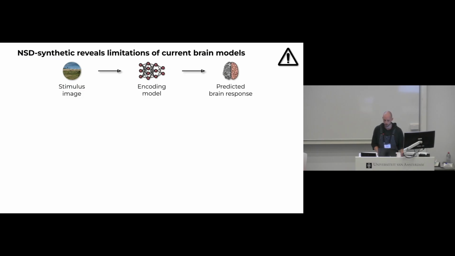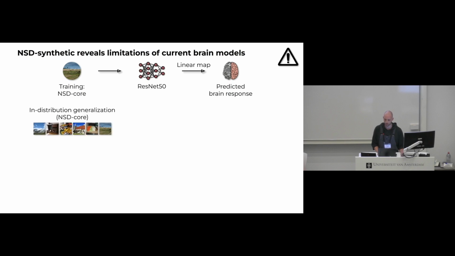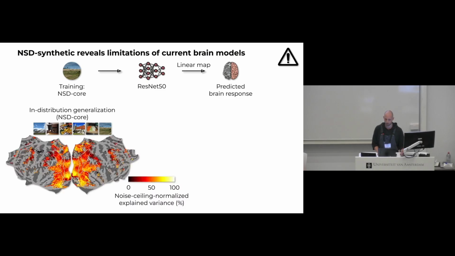And specifically, our encoding models consisted of linear mappings from ResNet 50 image features to fMRI responses trained on NSD core. When testing these models in distribution, on a split of NSD core not used for training, we found that it resulted in high prediction accuracies to these in-distribution stimuli across visual cortex.